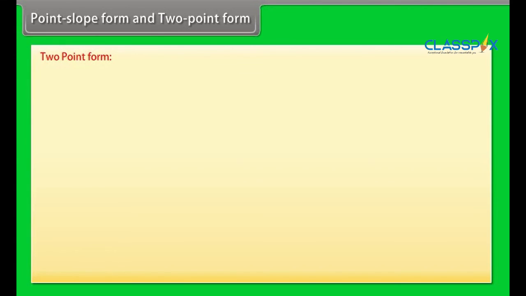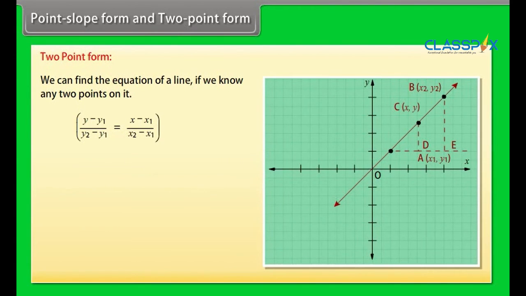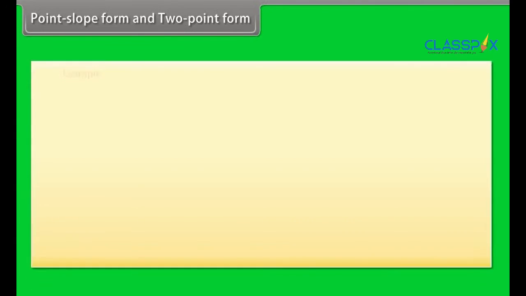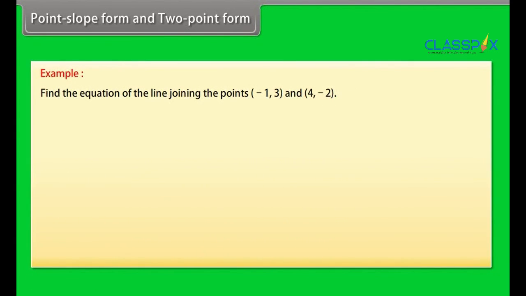Two-point form. We can find the equation of a line if we know any 2 points on it, where (x1, y1) and (x2, y2) are the two given points. Example. Find the equation of the line joining the points (minus 1, 3) and (4, minus 2). Solution.